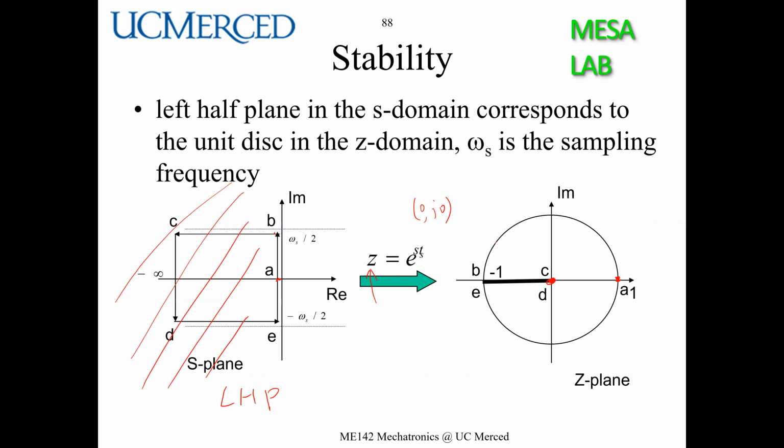And B is imaginary, 0 plus j infinity. So you put it there, and you are going to end up in here.